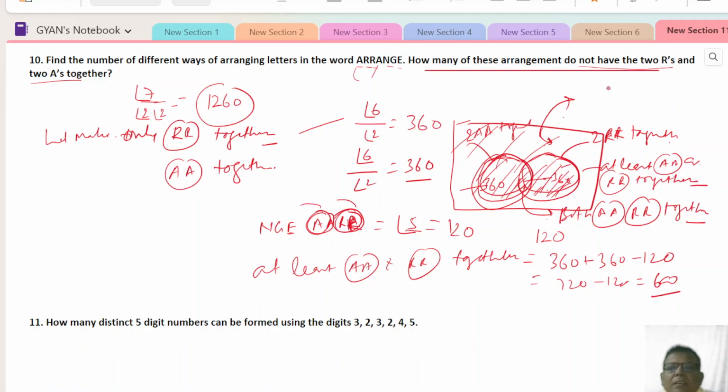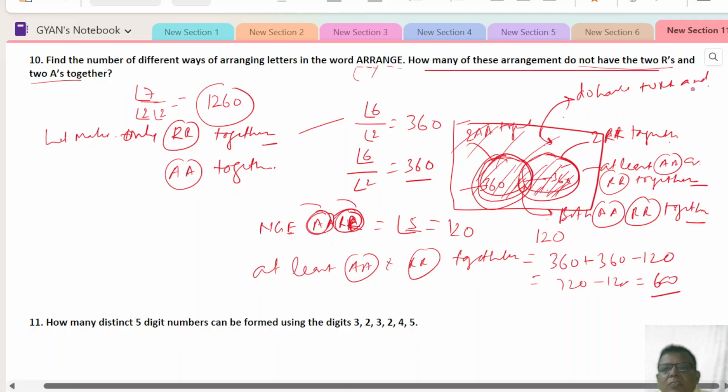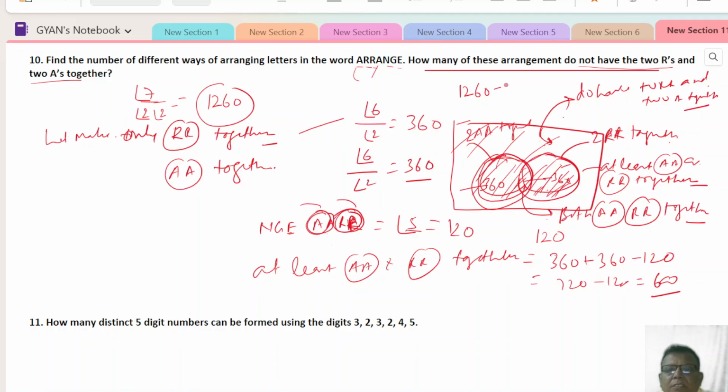This one will be the arrangements that do not have 2R and 2A together. So this will be 1260 minus 600. That is equal to 660.